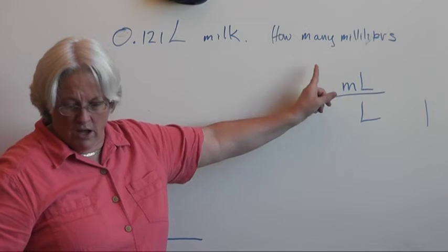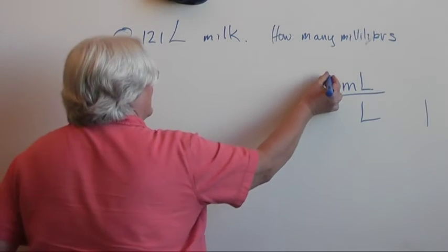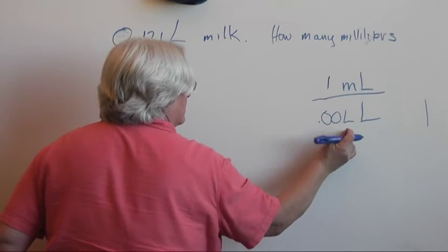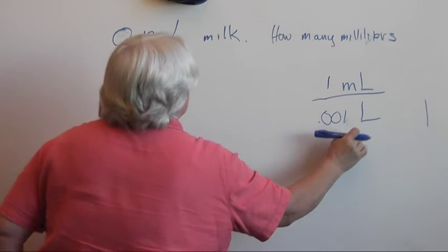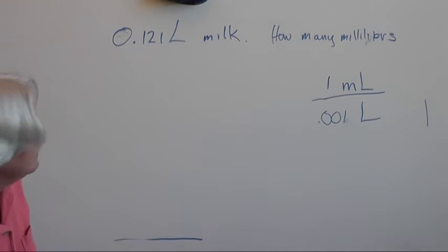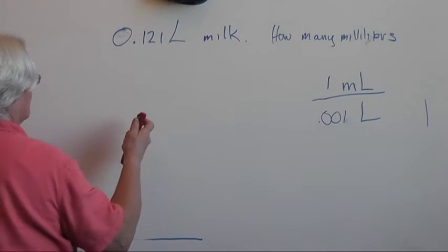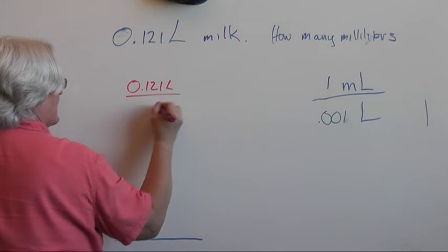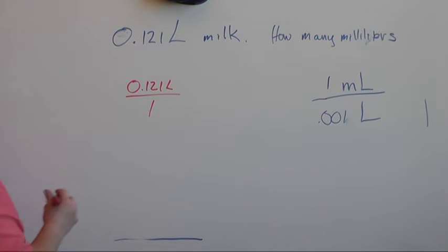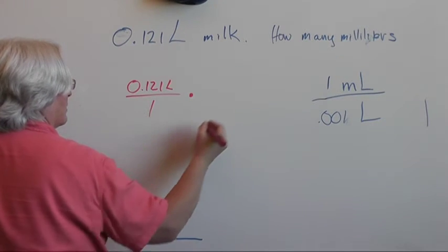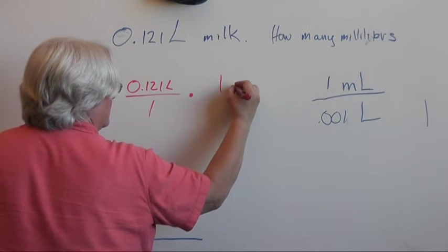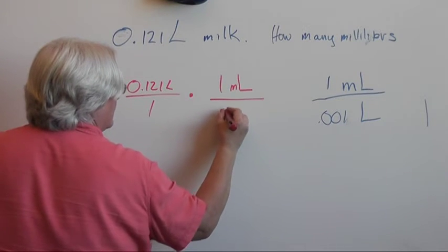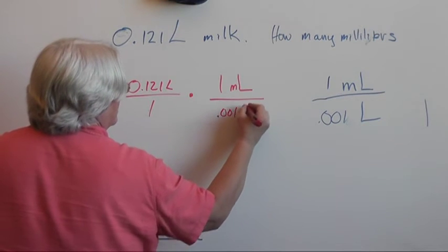So 1 milliliter is 1,000th of a liter. So this is what our conversion factor is. We've rewritten our original problem, 0.121 liters, as a fraction by writing it over 1. Now we're going to multiply it by our conversion factor, which says 1 milliliter is the same as 1,000th of a liter.